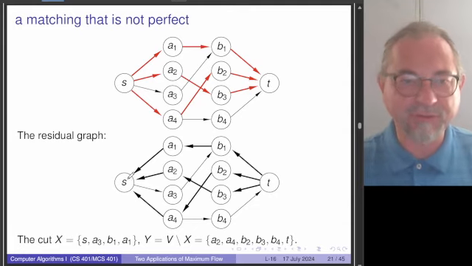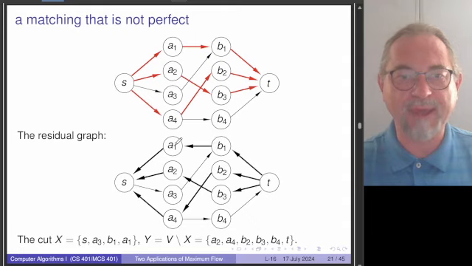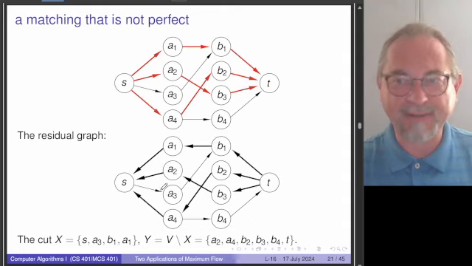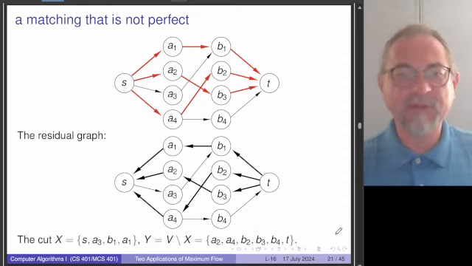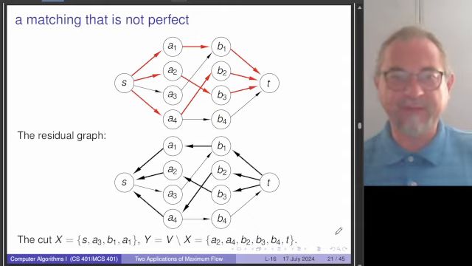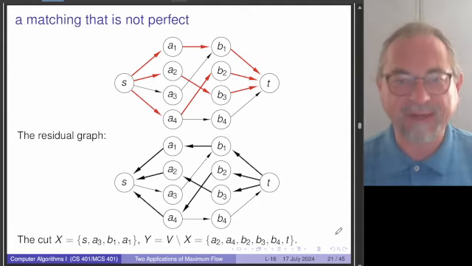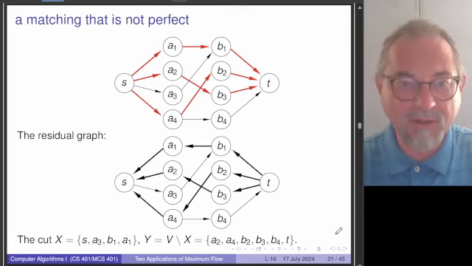So you still have a path from source to A3 to B1 to A1, and then you start cycling back. This is the only choice. So this is your first set in the cut, and by definition, everything else is connected to the sink in this graph. So that's the complement.